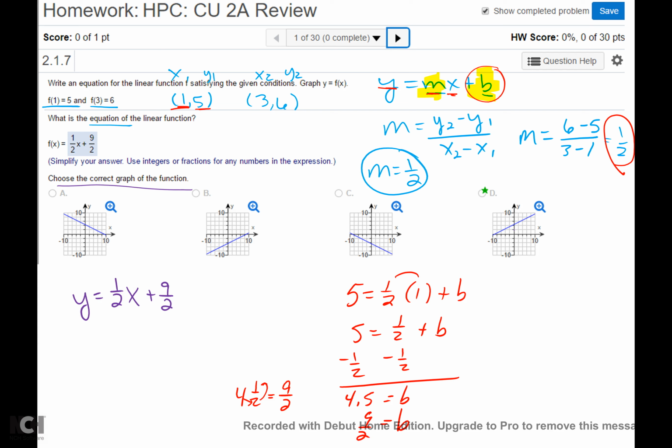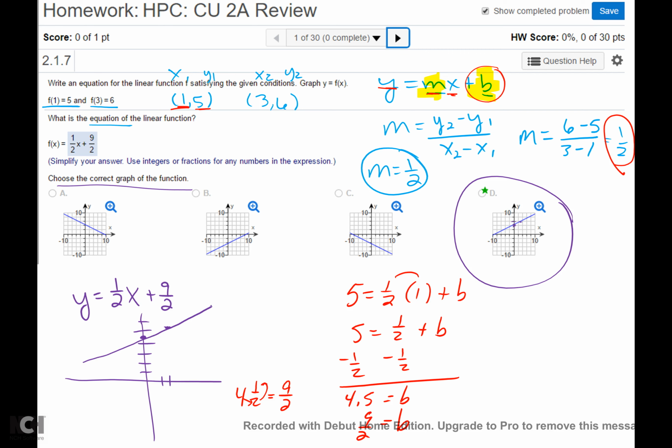They're counting by 2's, it looks like, so 2, 4, that's 6, so 4.5, and then you go up 1 and over 2. So that would be my graph. You'd start at 4.5, go up 1 over 2, about right there, and that'd be that line.